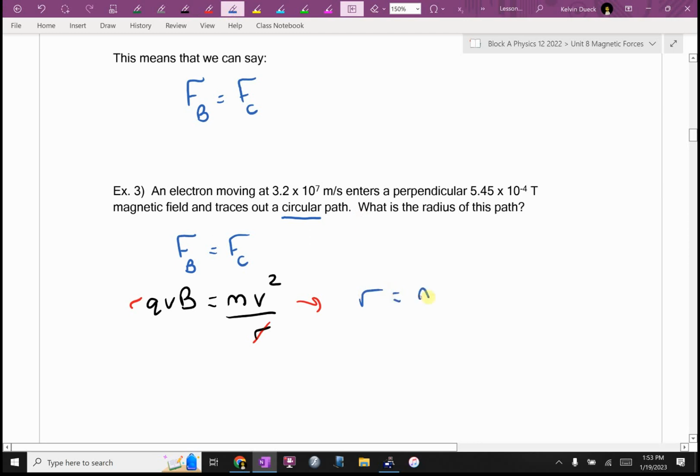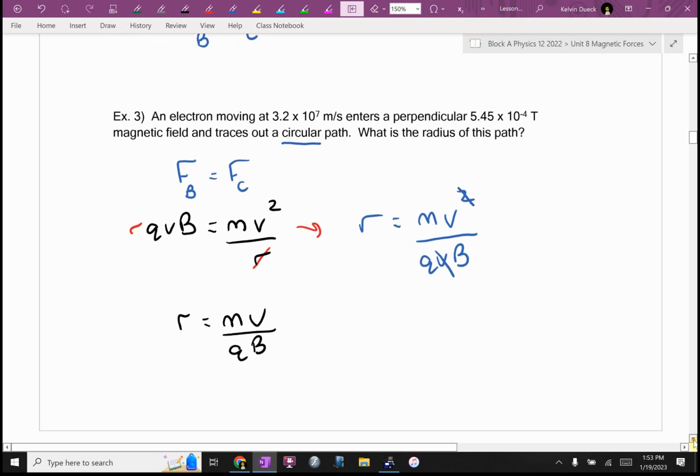R equals mv squared all over QVB. In fact, is there a V squared on the top? Is there a V on the bottom? You know what? One of the V's will cancel out. I'll really get this. R equals mv over QB.